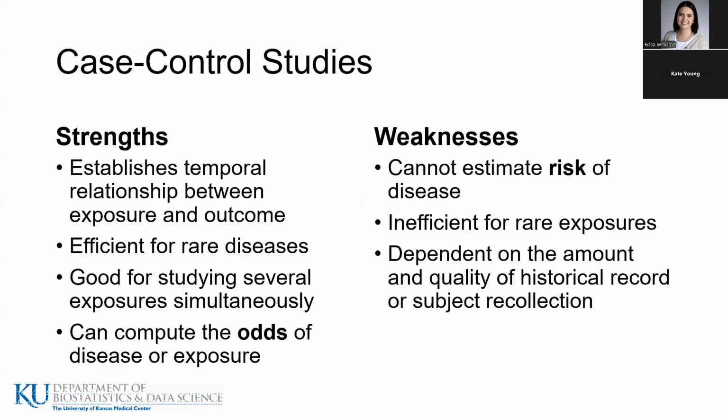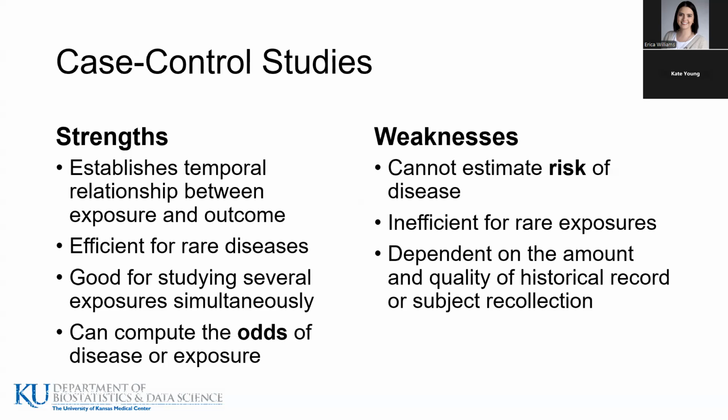So some strengths of case control studies. Again, we can establish a temporal relationship between the outcome and the exposure. It's efficient for rare diseases, again, because we can go directly to those patients who have the disease and recruit them into our study. They're good for studying several exposures simultaneously, and they allow us to compute the odds of the disease or the exposure.